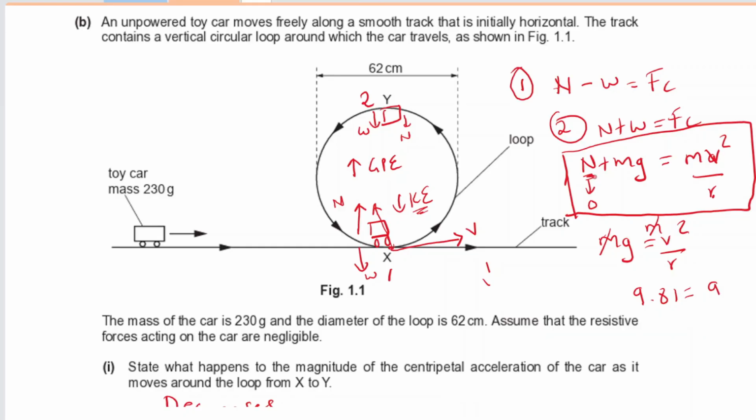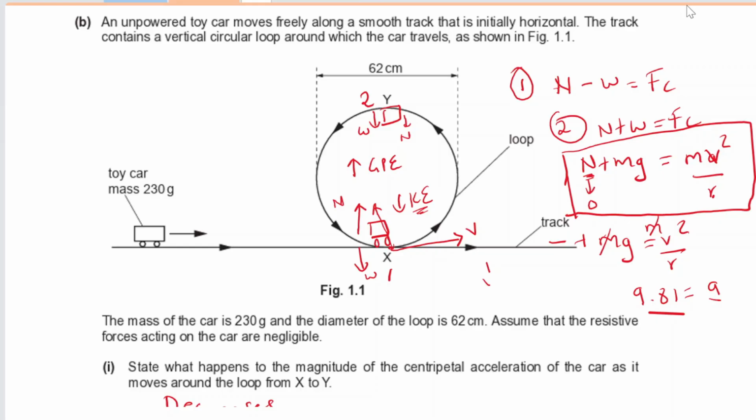So the absolute minimum is when the acceleration is equal to 9.81. Now, to make it go in the circular motion, this one has to be more than this 0 over here. So there must be plus a certain value, which means that this acceleration must be more than 9.81 to make it go in the circular track.